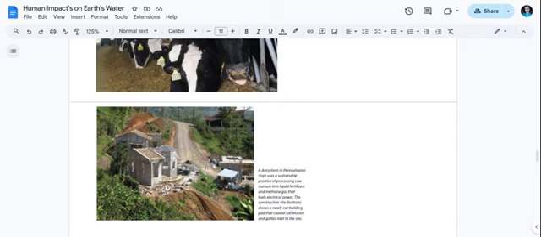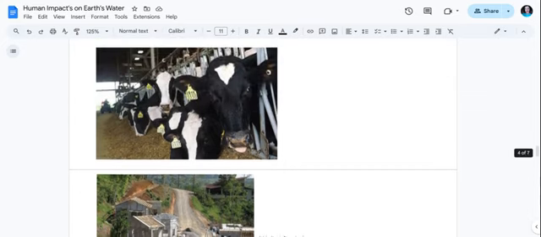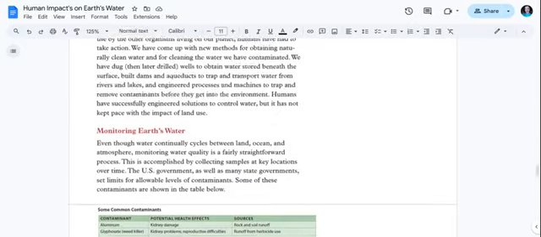The construction site, bottom, shows a newly cut building pad that caused soil erosion in gullies next to the site." So we're going to learn more about how humans impact the environment and the Earth's surface.